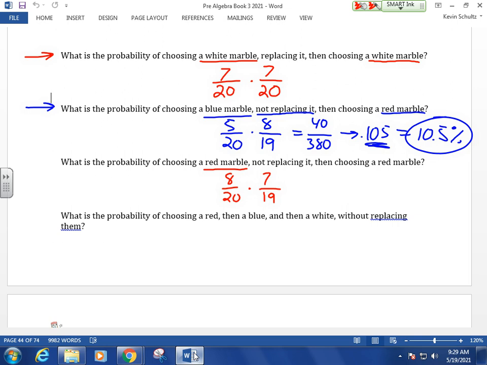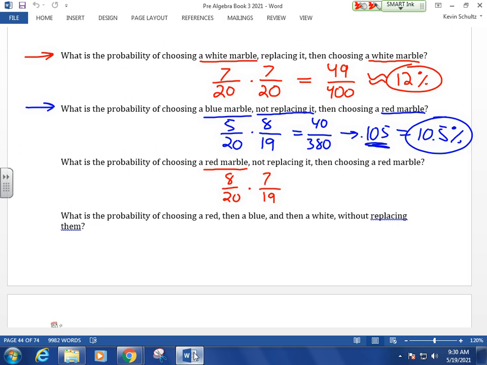So these two individual probabilities, we're multiplying them together, and the probability of both events happening is a 49 out of 400 chance. Okay? 49 out of 400 chance. Which is approximately 12%.